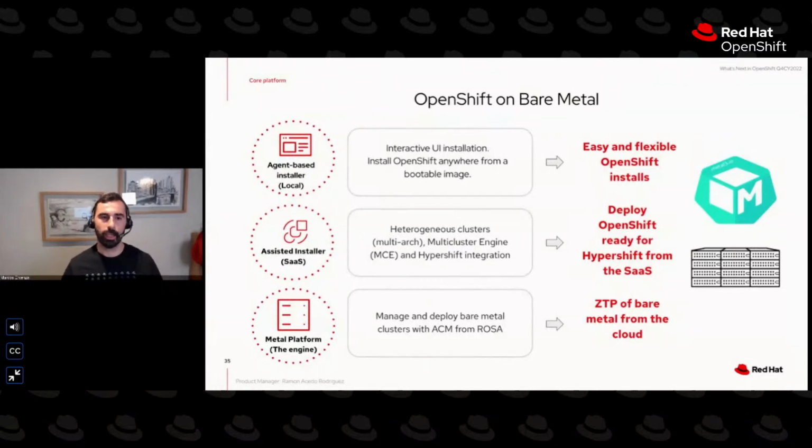For the assisted installer, which is hosted at console.redhat.com and which is GA already, we keep adding valuable OpenShift features, including support for heterogeneous clusters, MCE or multi-cluster engine, and HyperShift. On the metal platform, we are exploring how to manage and deploy bare metal clusters with ACM and MCE directly from cloud services, starting with ROSA. Next slide, please.